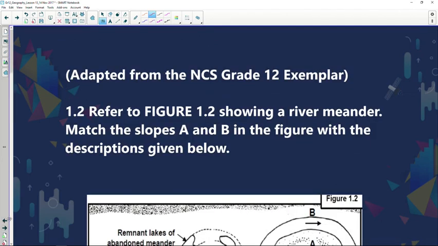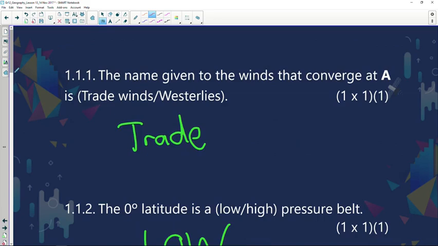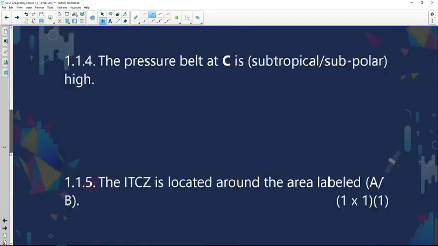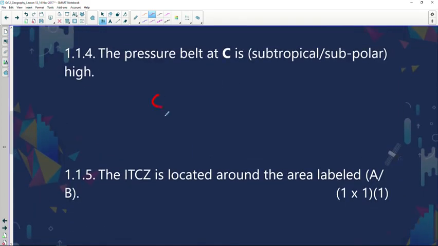And this is where South Africa is actually situated. So let's quickly fill that in. High pressure belt. The ITCZ is located around the area labeled A or B.